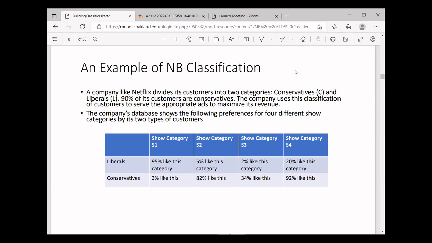And for the remaining 3 categories, the percentages are as shown. Similarly, for conservative customers, they have a different set of percentages. Their show likings are obviously different. So those numbers are shown. So that's the information the company has.